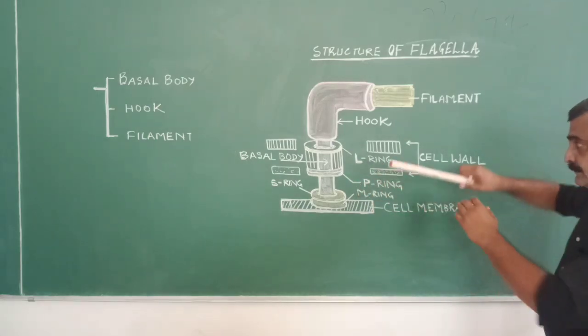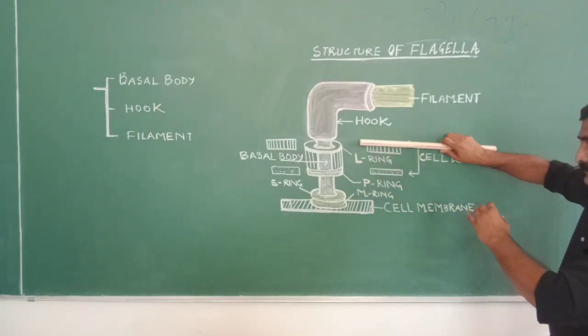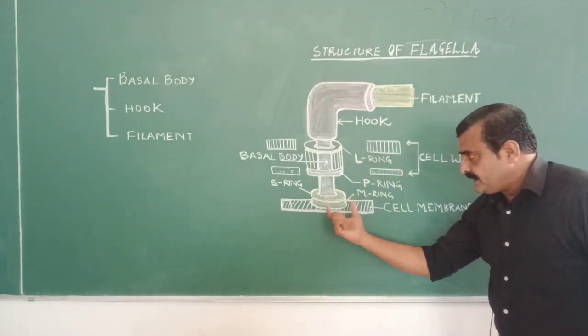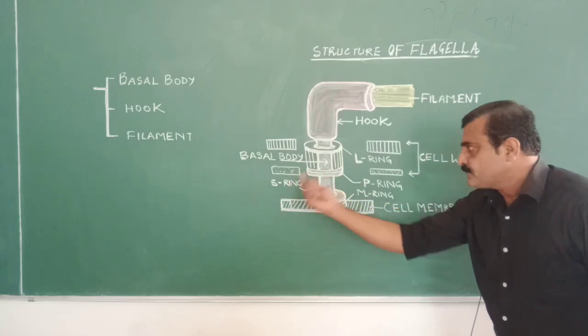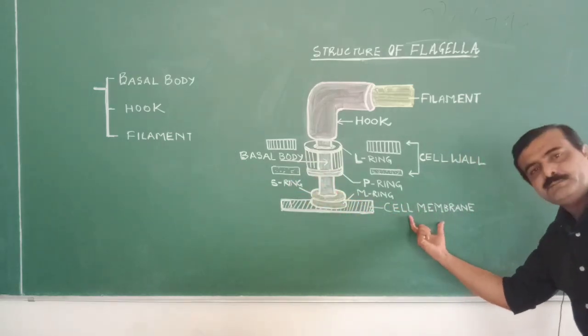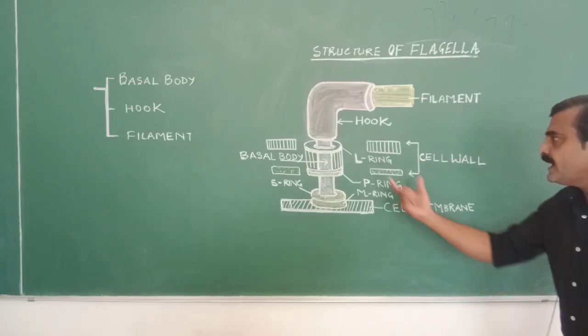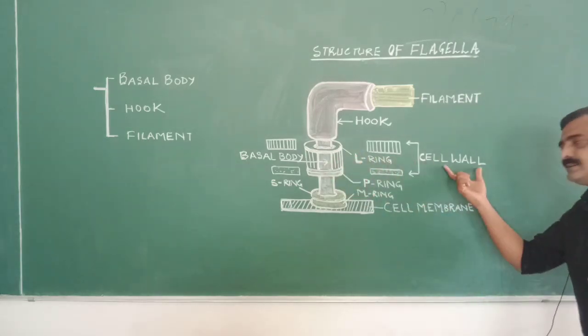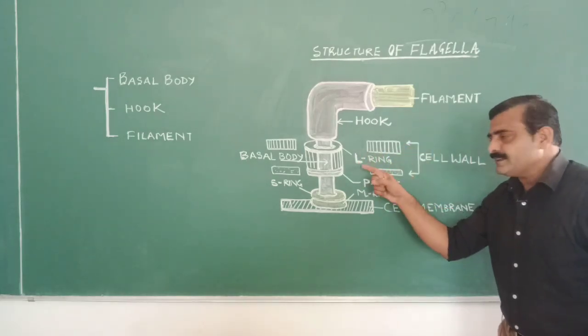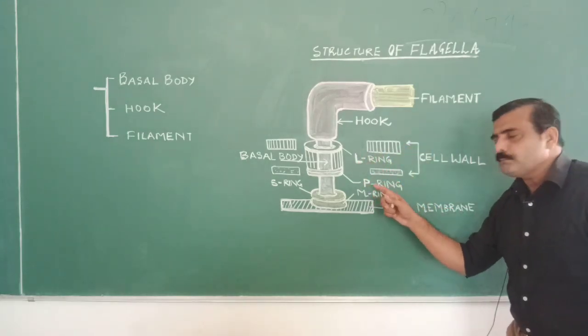क्लियर हुआ? जैसा डायग्राम दिख रहा है, this is the cell wall. क्लियर बात हो गई? Now listen, same in case of the basal body, the inner ring is present in the cell membrane. Outer ring is present where? In the cell wall. Outer ring consists of two rings. One ring is L ring, another is the P ring.